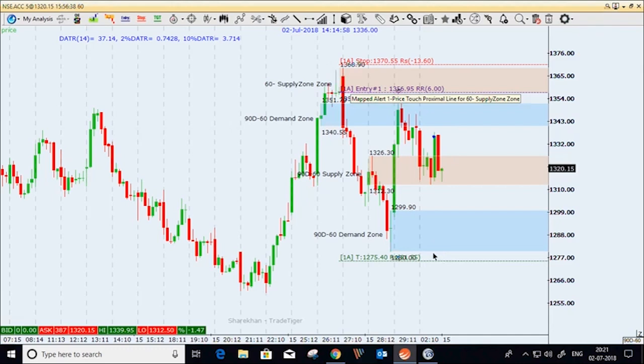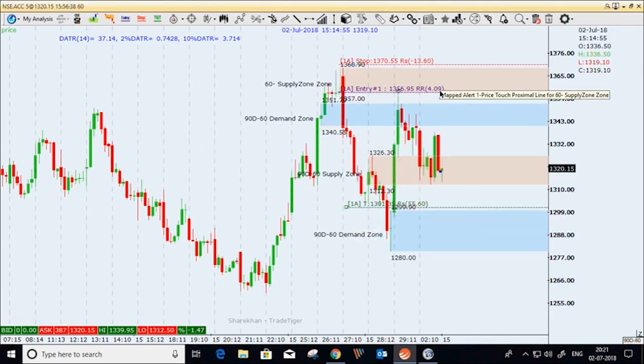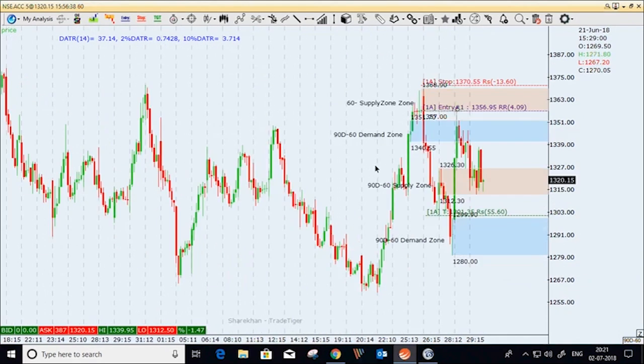But obviously, I can always move my target up, and I can still get a 4:1 target here, right? So these are some adjustments I can make because this is a key level which formed opposite to my zone. So this is very, very important. A reverse zone formed opposite, so I will reduce my target in this case. Reverse zones really do work very, very well.